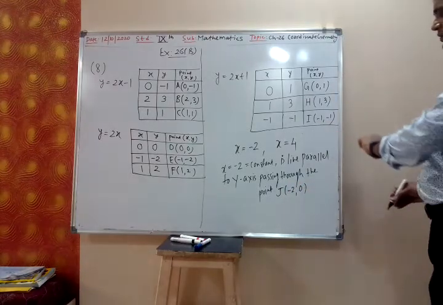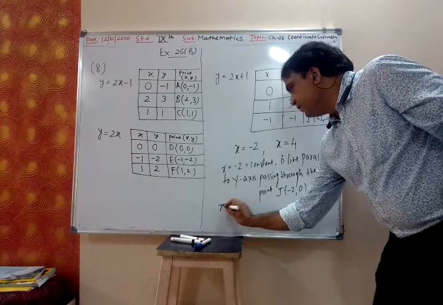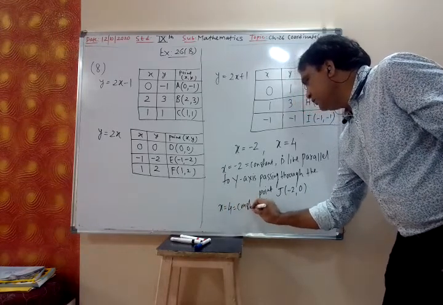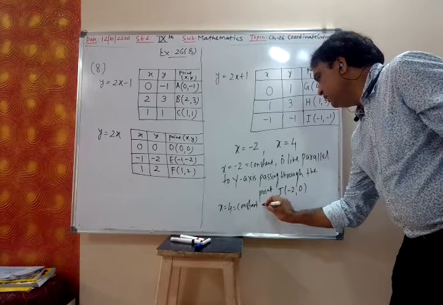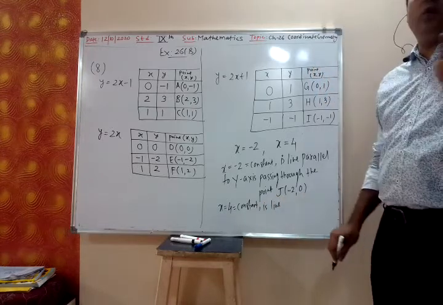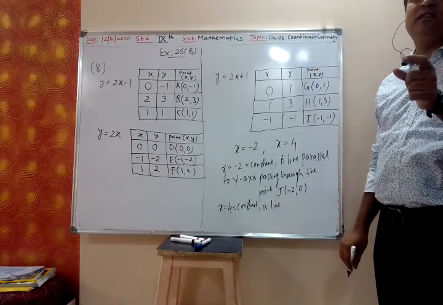Then x is equal to 4. 4 is also a constant. X is equal to constant is a line parallel to the y-axis.